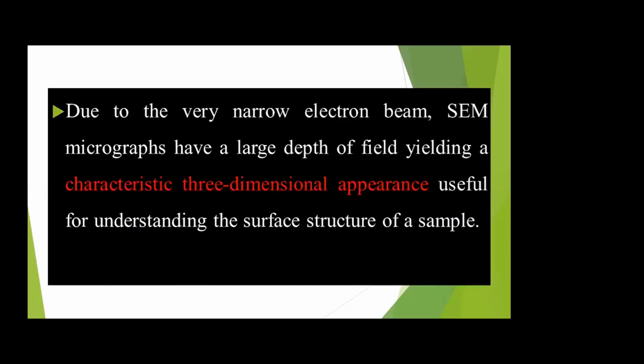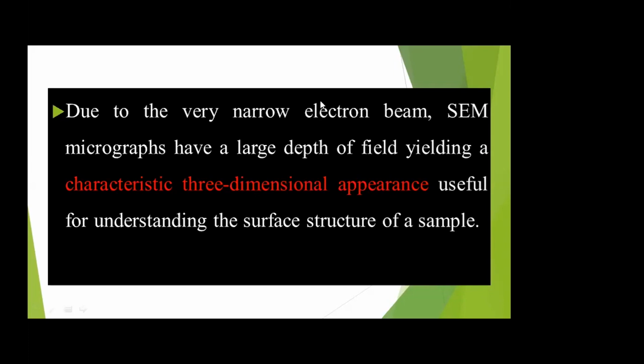The electron beam that falls on the specimen is very narrow. Because of this, SEM micrographs have a large depth of field. When the electron beam is narrower, the better will be the penetration into the sample depth. Because of this, a characteristic three-dimensional appearance will be seen in SEM micrographs.